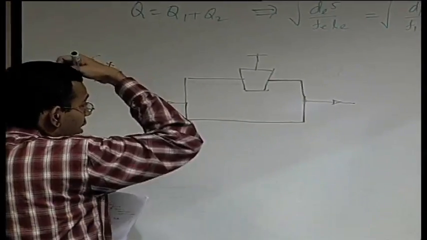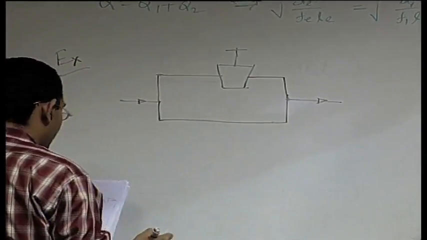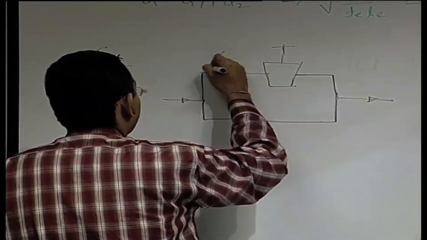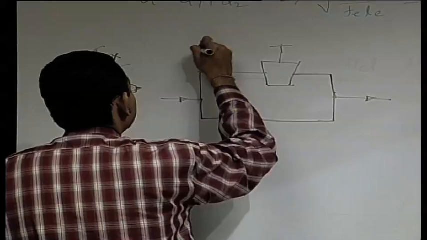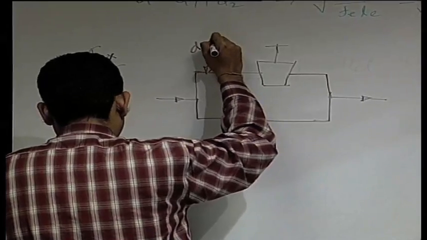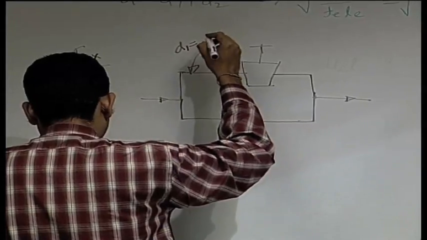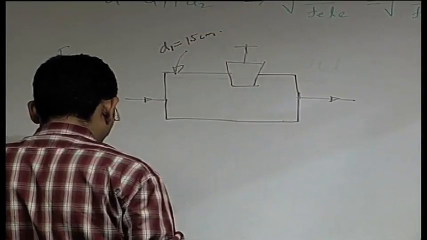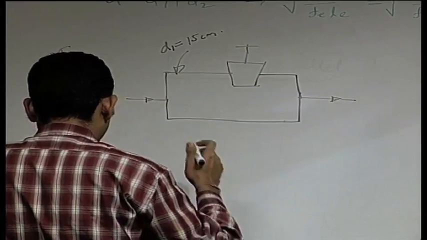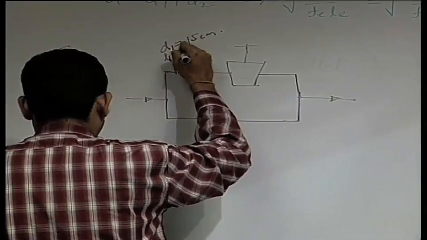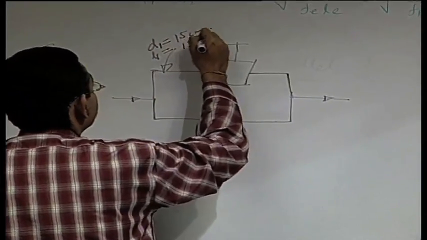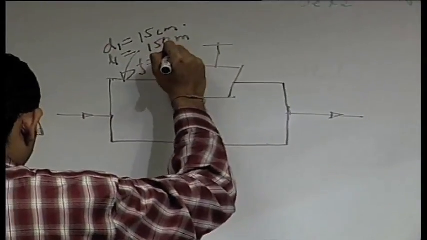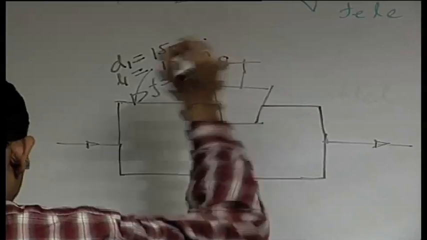So you have two pipes, two pipelines, and these two pipes, the upper one is D1 equal to 15 centimeter and length is 150 meter. The friction factor is a constant which is 0.018.